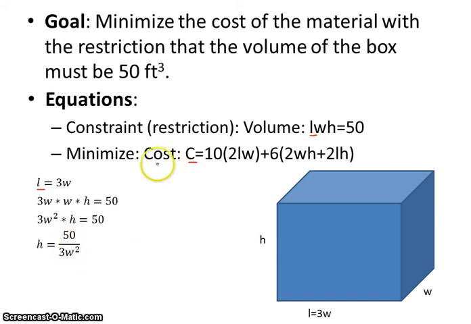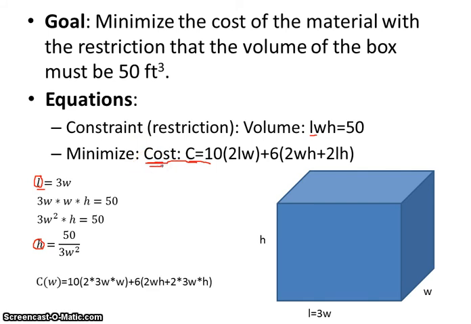Now we need the equation of cost to be in terms of just one variable. So we're going to substitute both the value of L and the value of H into the equation of cost.